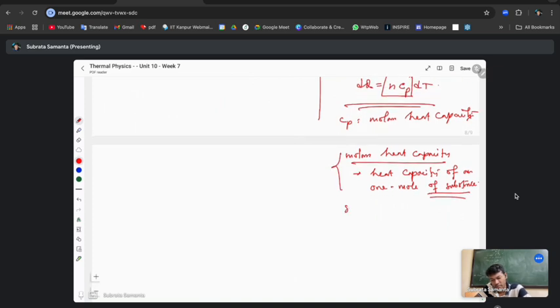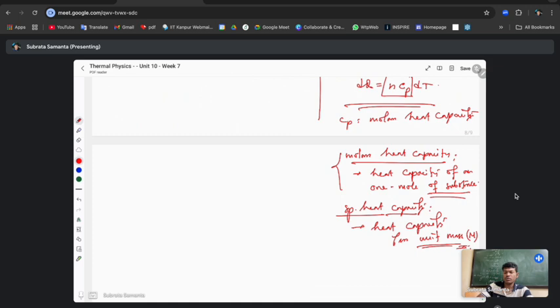The specific heat capacity is the heat capacity per unit mass, or m. Okay, so this is your specific heat capacity, and the molar heat capacity is the difference.